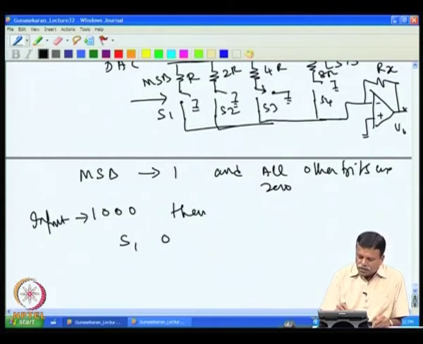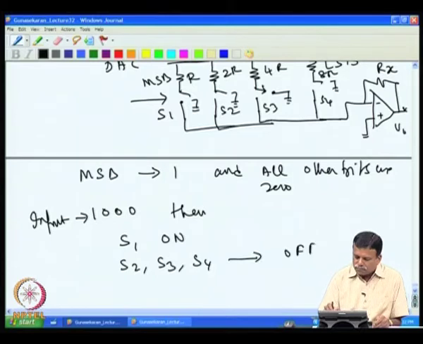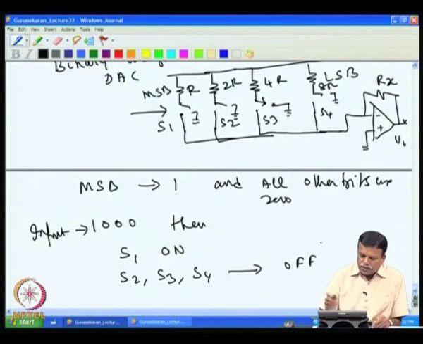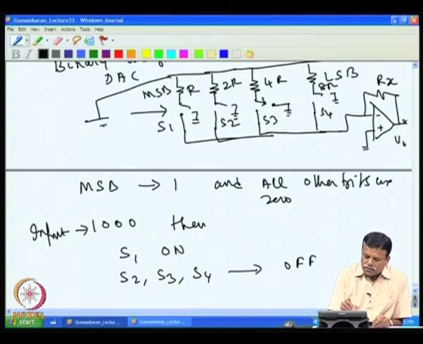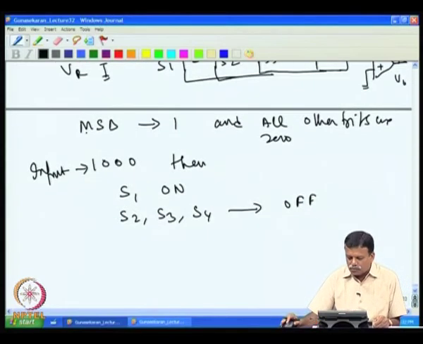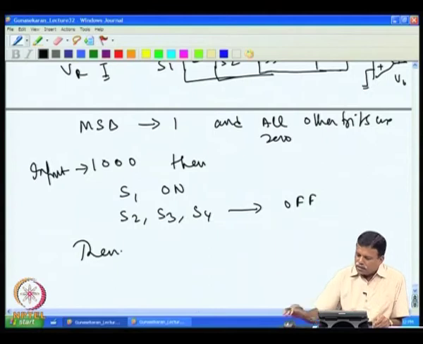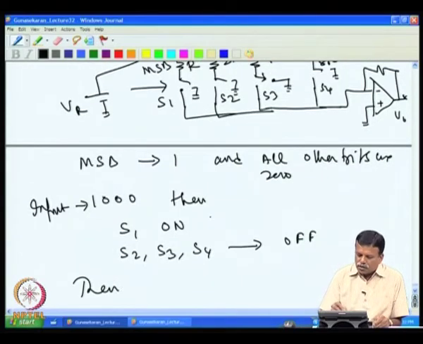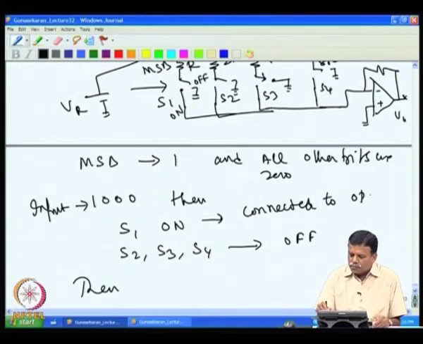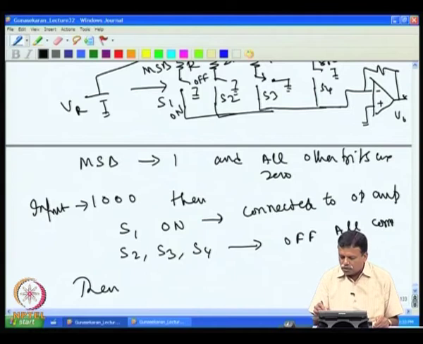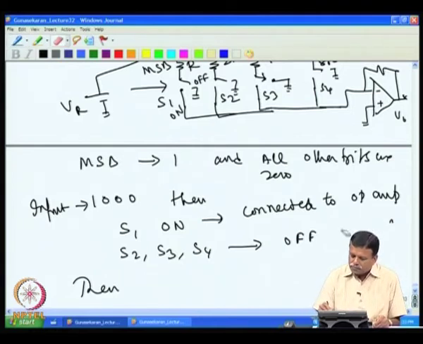Then S1 is on, and S2, S3, S4 are off. S1 is connected to V reference, in the on position, connected to the op amp, and all the others are connected to ground.